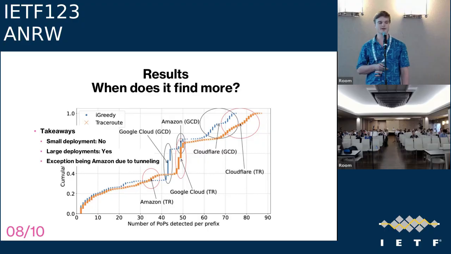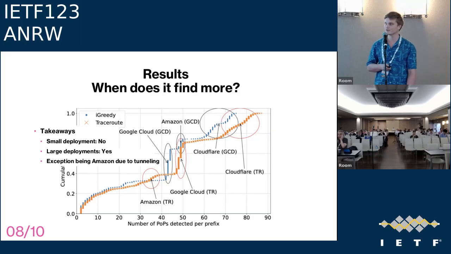The main takeaway is that both the iGreedy and the traceroute technique have similar performance for small Anycast deployments, which is on the bottom left part of the graph. So these are the deployments smaller than, say, 30 points of presence. But for large deployments, we do see a benefit. For example, for Google Cloud, we saw that traceroute performs better.